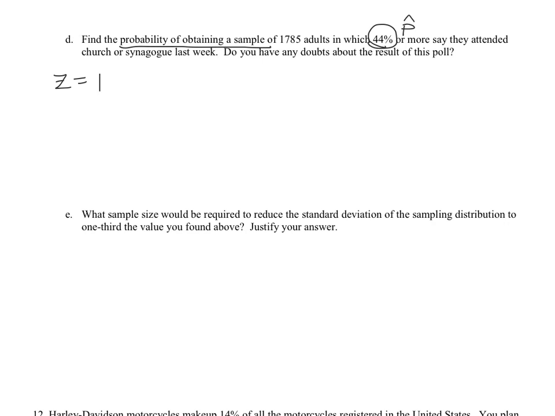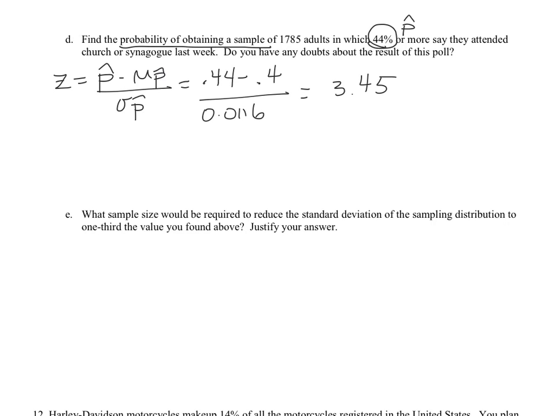So the z-score is going to be equal to p hat minus mu sub p hat divided by sigma sub p hat. Okay? So p hat is 0.44 minus 0.4 divided by the 0.0116 that we got earlier. So we put that in our calculator and we get 3.45.